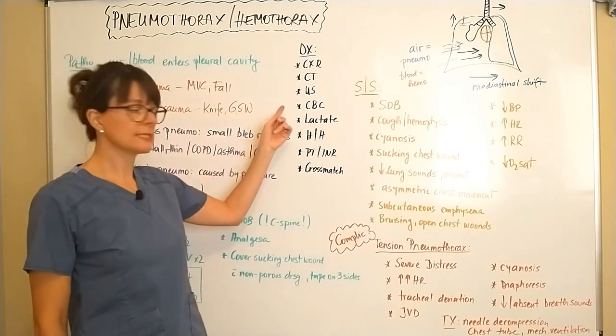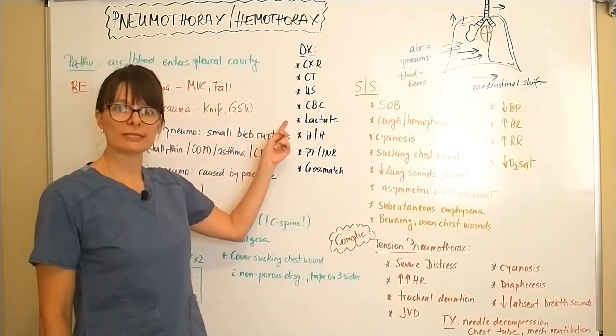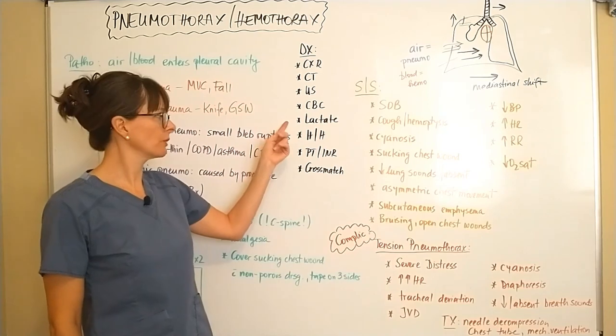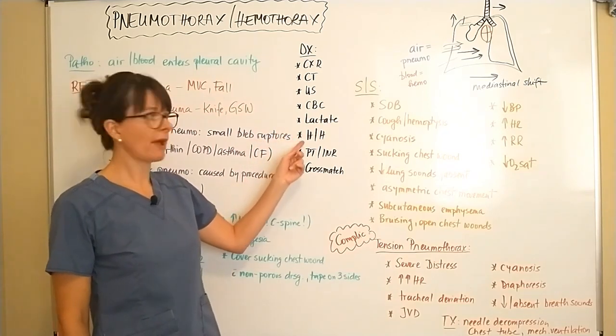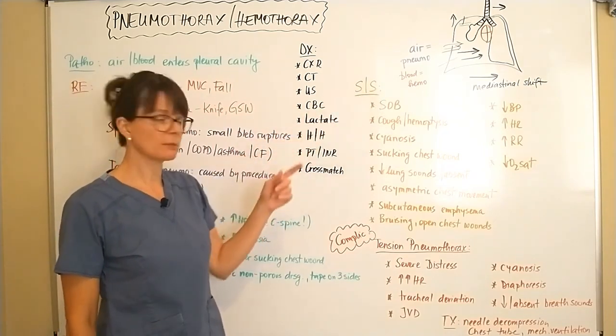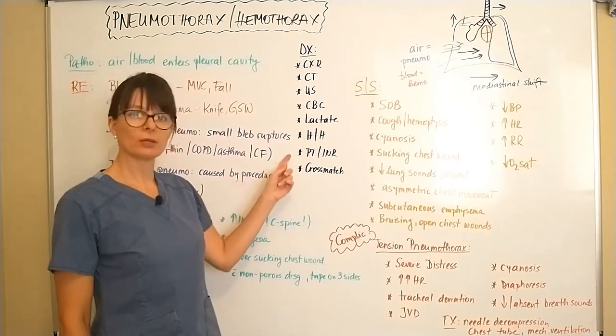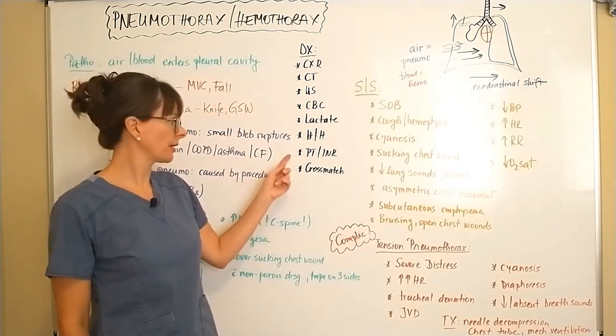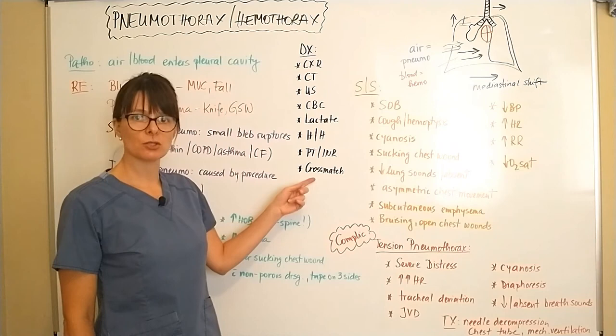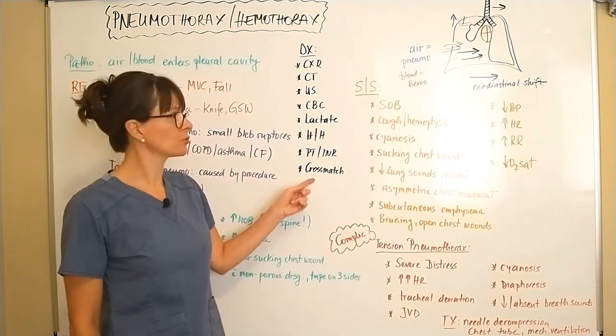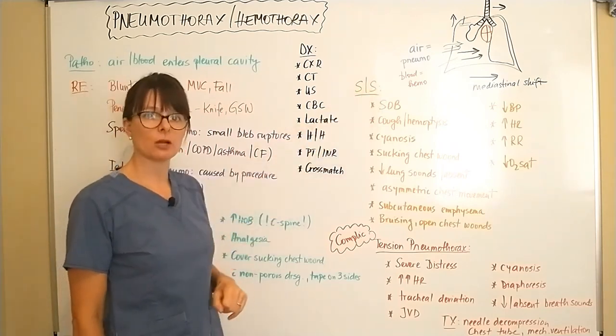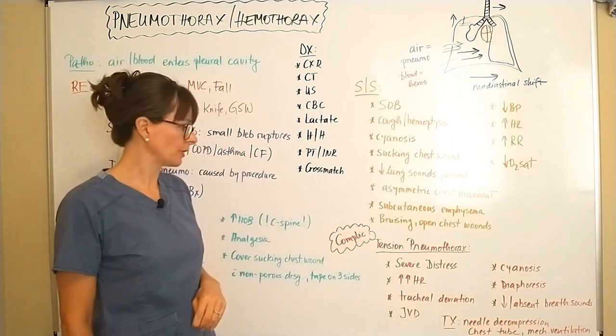Certainly you want to look at a CT, and the lactate level is always indicated in anybody with traumatic injury, as well as hemoglobin and hematocrit to measure the amount of blood loss the patient might be suffering. Coagulation studies such as PT and INR, and a cross-match to get ready to transfuse the patient if there is hypovolemic shock associated with this traumatic injury.